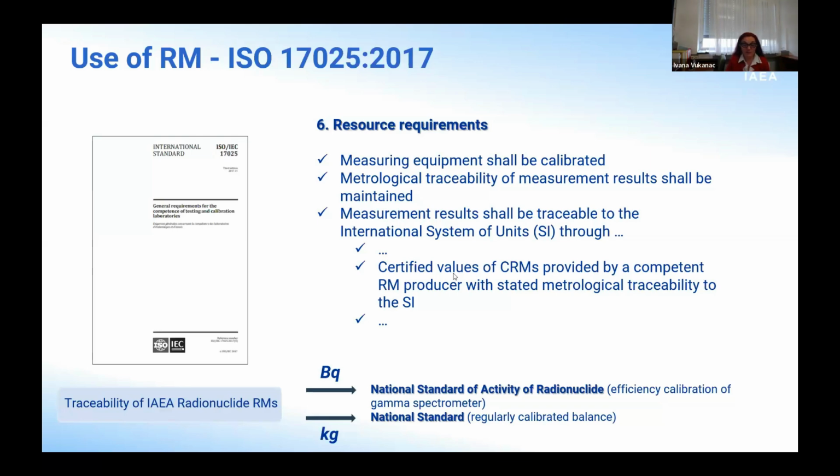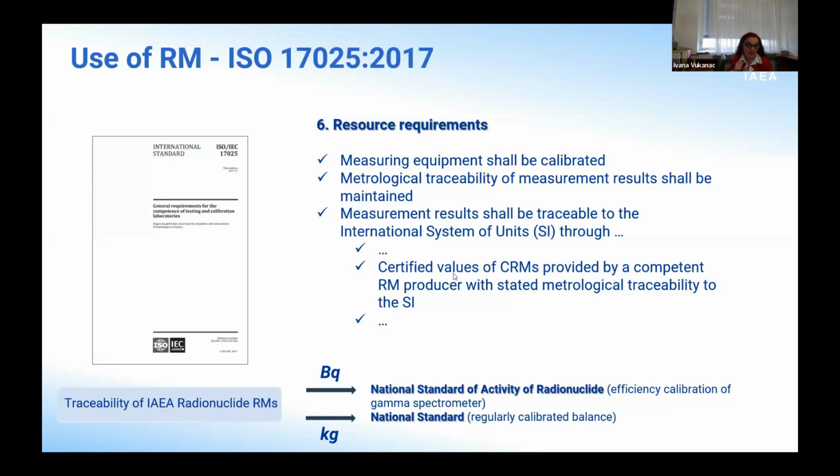Here, a competent reference material producer is one fulfilling the requirements of ISO 17034. For example, IAEA radionuclide reference materials are traceable for the mass. The result is traceable to the national standard through external calibration of balances, and for the activity, the result is traceable to the certain national standard of activity of radionuclide, which depends on the radioactive solution that we used for efficiency calibration of our gamma spectrometers.